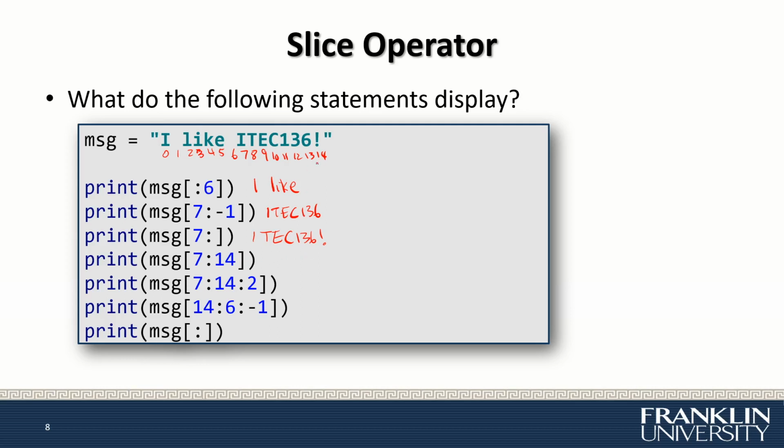Then message[7:14]. 14 is the last index, so this is very similar to 7 colon negative 1. It will give you "Itag136" without the exclamation point. And message[7:14:2] means skip every other one. That would be I, E, and 1, 6.